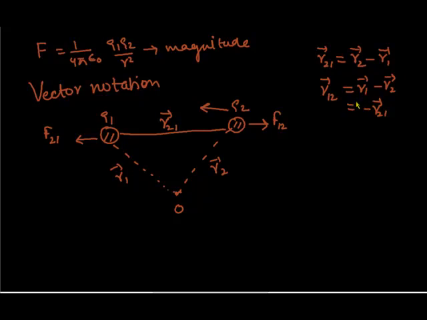From this we can see that vectors R12 and R21 have the same magnitude but point in opposite directions.